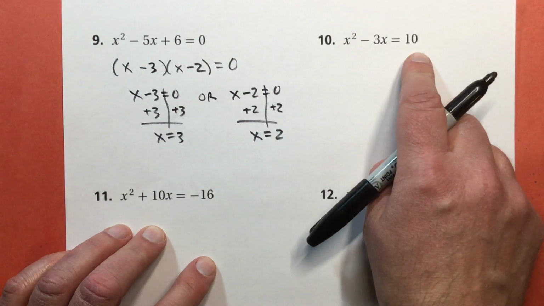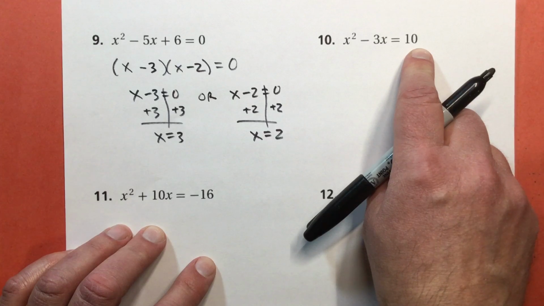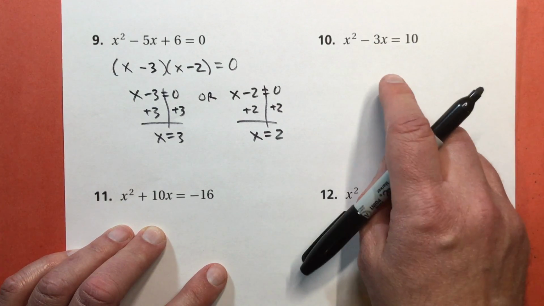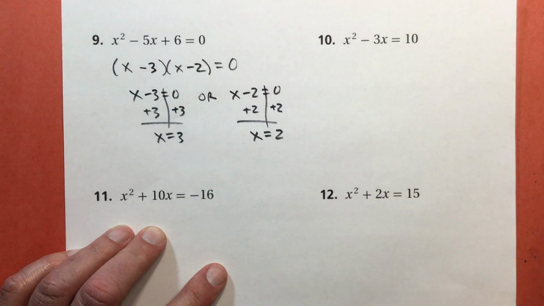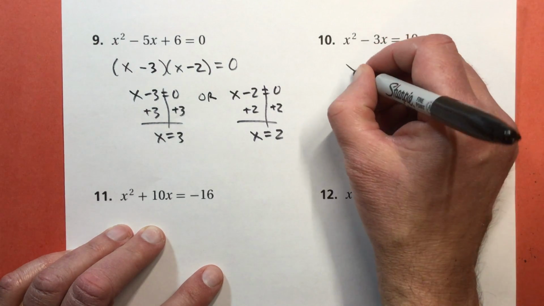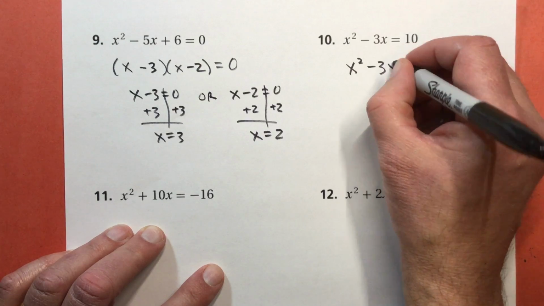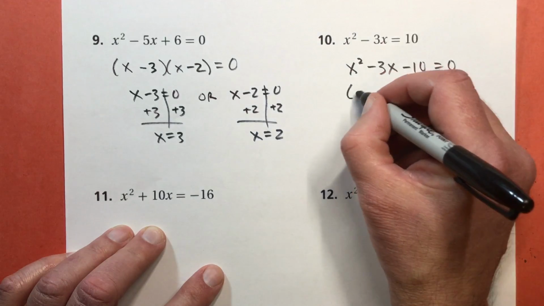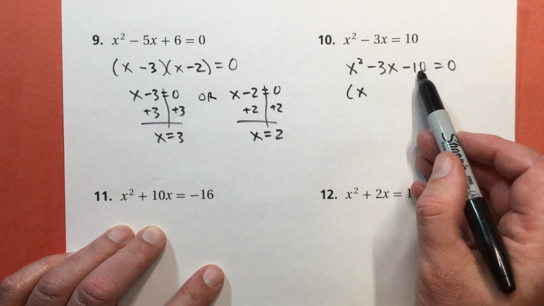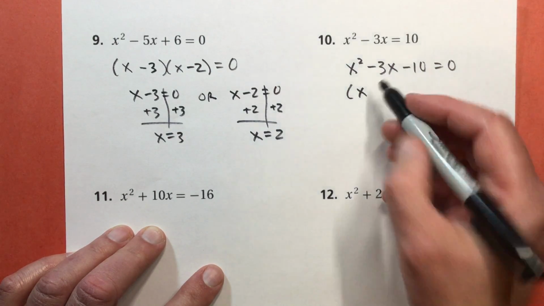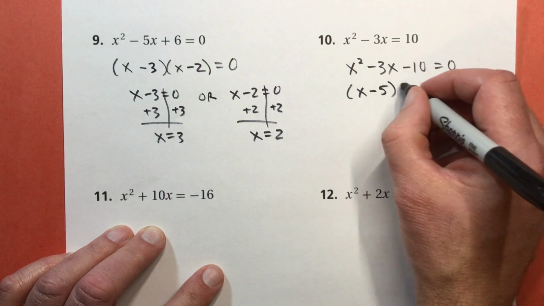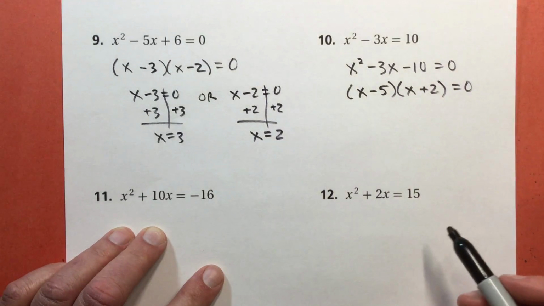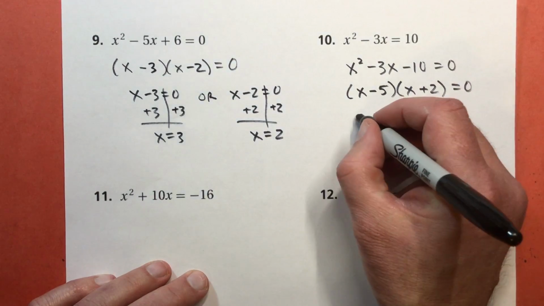For number 10, I have to get that 10 over to the other side. So I'm going to add negative 10 to both sides. I get x squared subtract 3x subtract 10 equals 0. What two numbers multiply to give negative 10 but add to give negative 3? So that's going to be x subtract 5 and x plus 2 equals 0.